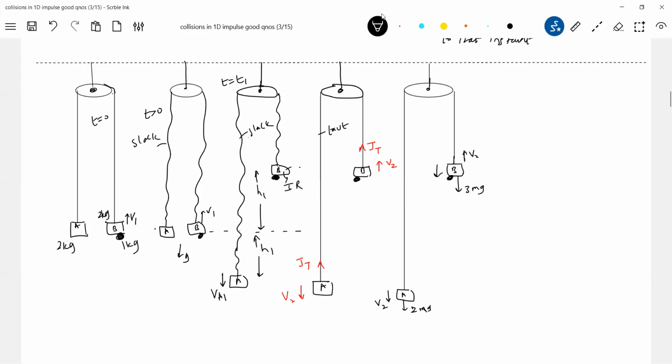There'll be retardation in this direction. Due to retardation, the speed of the blocks A and B, and this particle C, will undergo retardation, and for a while they will come to instantaneous rest.